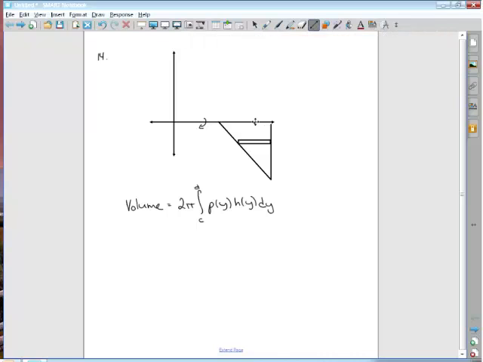So we have p of y, which is this radius, and we use negative y in this case. So p of y is negative y. If it was above the x-axis, it would be positive y, but this is negative y. And the height of this is x, and because we're integrating with respect to y, we have to take the original equation, which was given in terms of x.